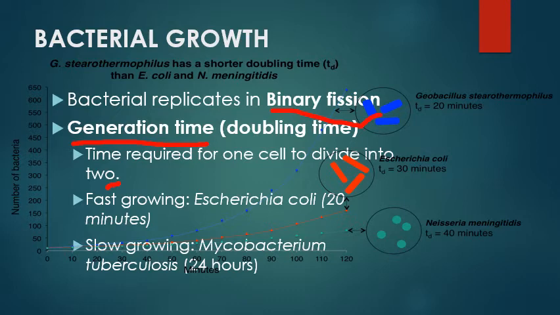Note, your Escherichia coli is fast growing. Within 20 minutes, nagdodoble siya. Some bacteria, like your Mycobacterium, magdodoble lang siya after 24 hours. So, kaya mas mahirap ang Mycobacterium tuberculosis na patubuin inside the laboratory.